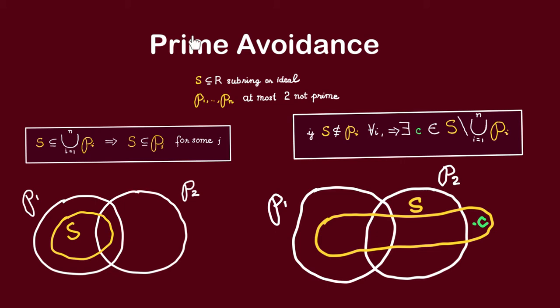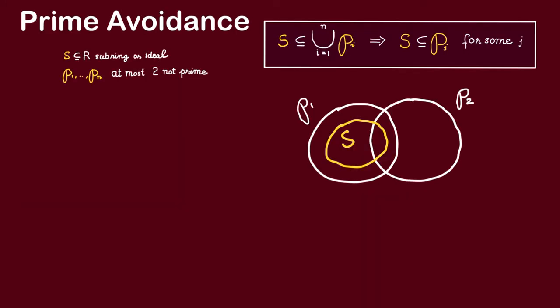That's why this is called prime avoidance. Note that the hypothesis could be weakened to assume that at most two of the Pi are not prime. But we'll prove this statement in the case when all of the Pi are prime.